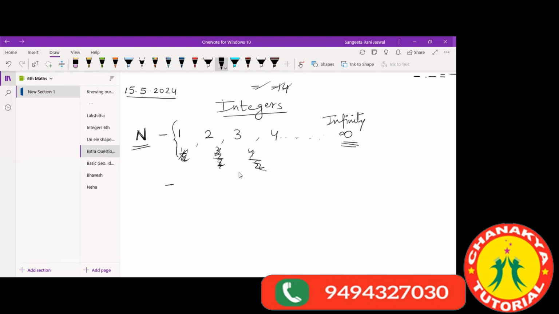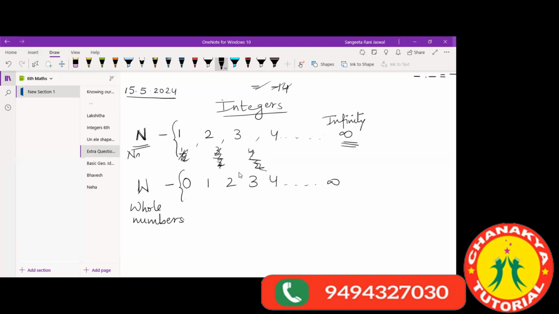And when we add 0 to the set of natural numbers, what does it become? If I add 0 to all these numbers, so on till infinity, then it becomes the set of whole numbers. Whole numbers we denote by capital W. Right?